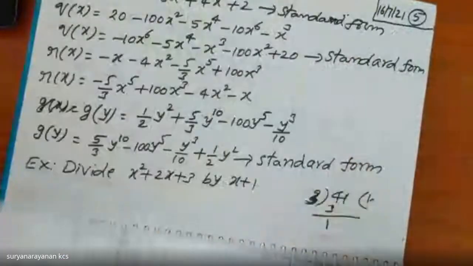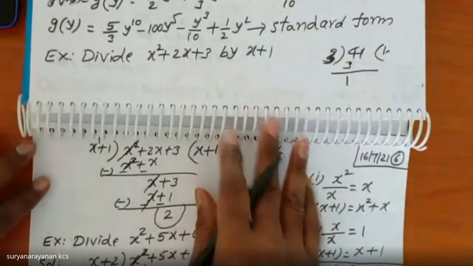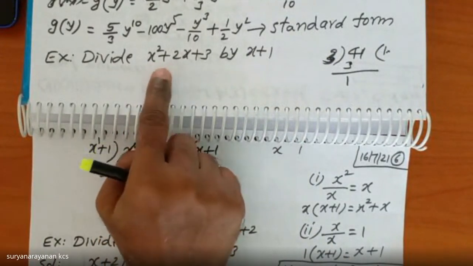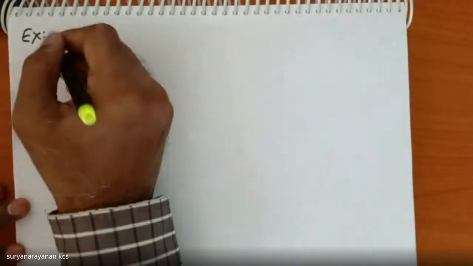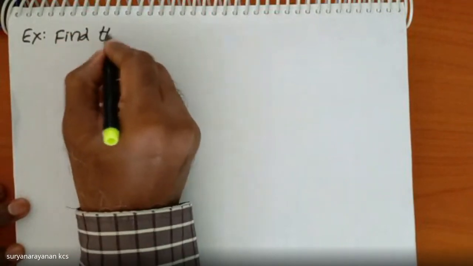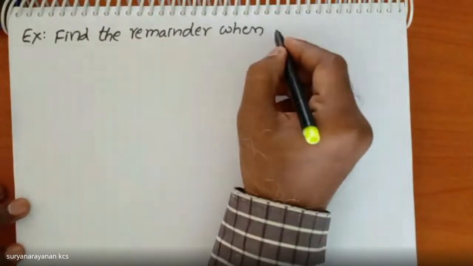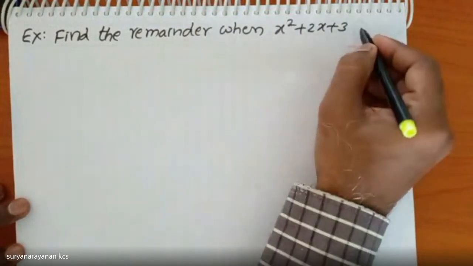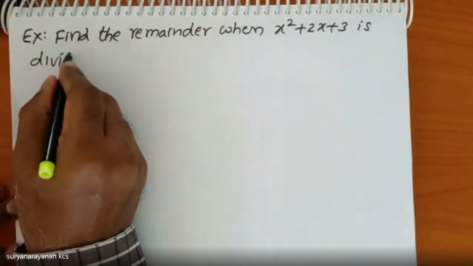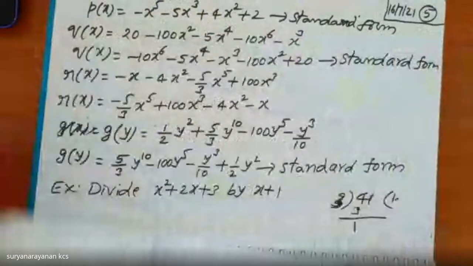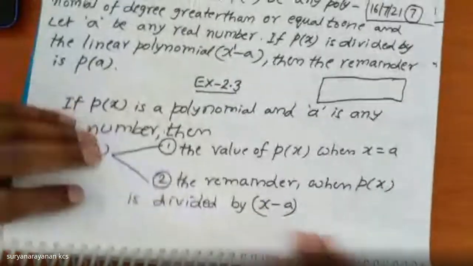Let us take the same example as we have taken in the previous. Find the remainder when x square plus 2x plus 3 is divided by x plus 1.